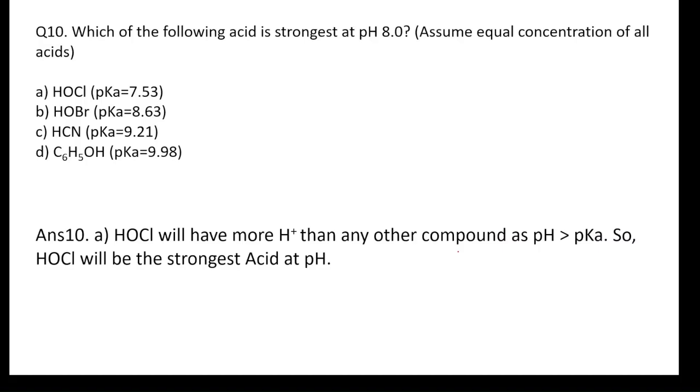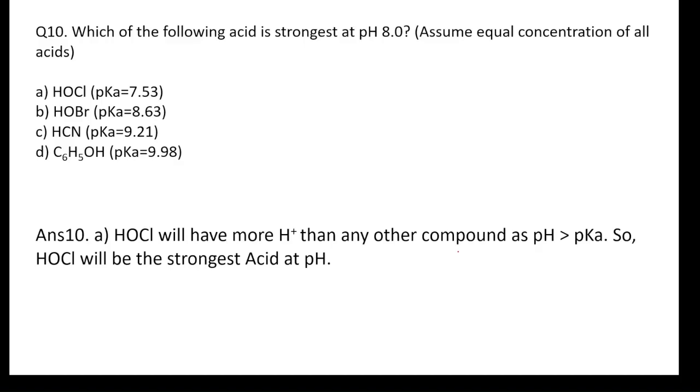So HOCl, that is hypochlorous acid, will have more H plus than any other compound since pH is greater than pKa. For other compounds, pH is less than pKa, so that is why they will produce less H plus ion. But HOCl has pH more than pKa, so it will produce more H plus, and the more the H plus, the stronger the acid.